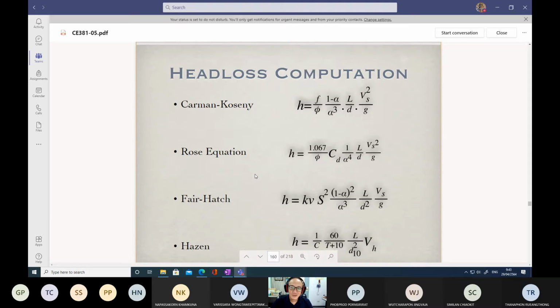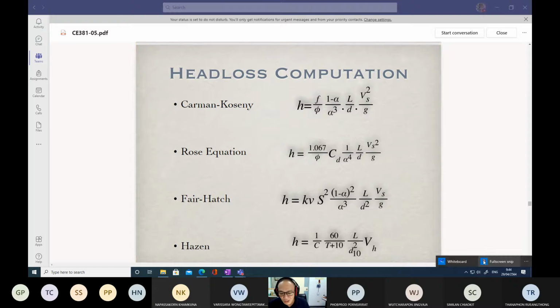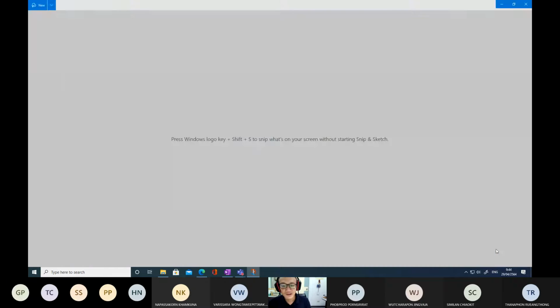And in order to determine the head loss, there are various equations you can use, but the simplest one, I think, is the first one.